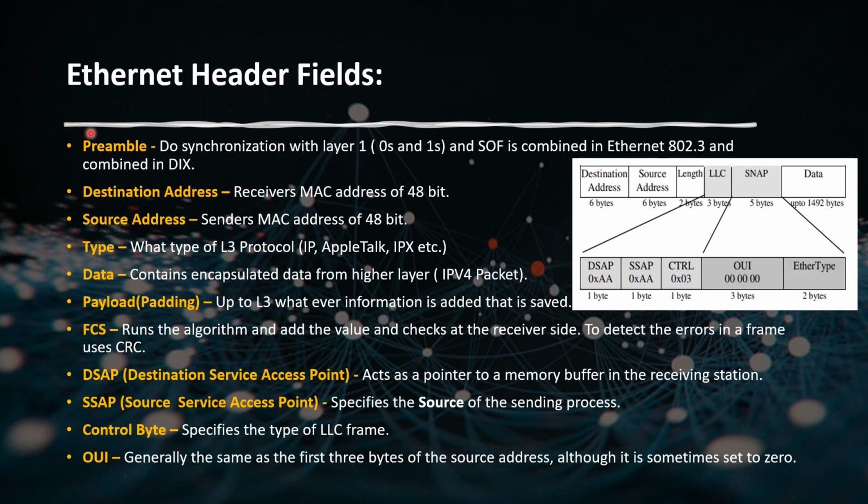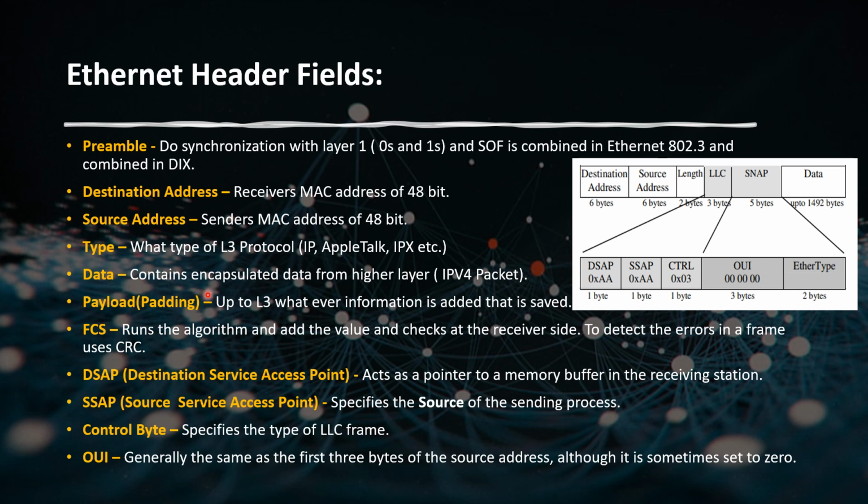And these are the fields. As we know, the preamble is used to synchronize with layer 1, and the start of the frame informs the receiver that the sender is sending a frame. Destination address and source address are the MAC addresses of the receiver and sender. Type is what type of protocol we are using.